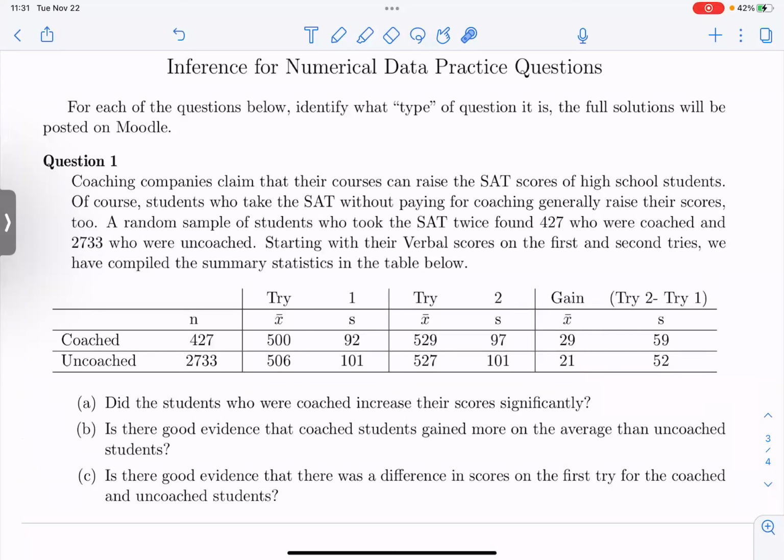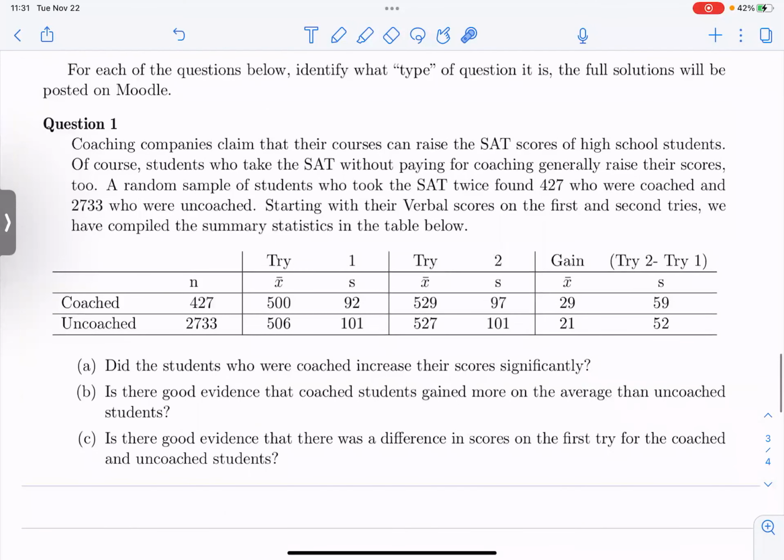Specifically, I've approached it from the standpoint of this coaching company. So what are some of the things that I could put out there and that makes me look good, right, as a coaching company? First one, kind of jumping into it here, did the students who were coached increase their scores significantly? Okay. So now, right, we're talking about, okay, just the coached students. Is there a difference between try 2 and try 1 or try 1 and try 2?